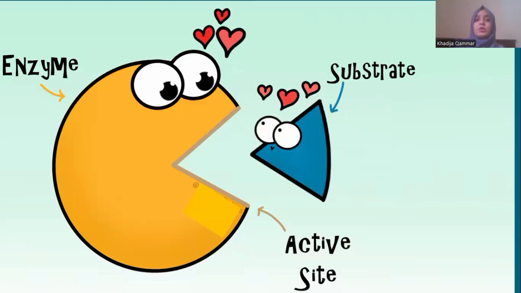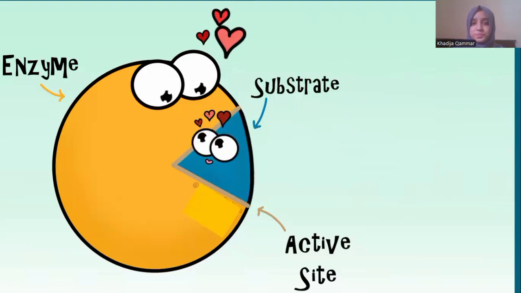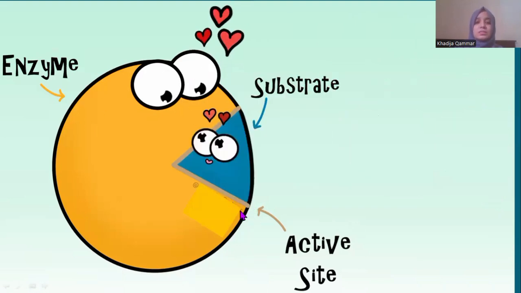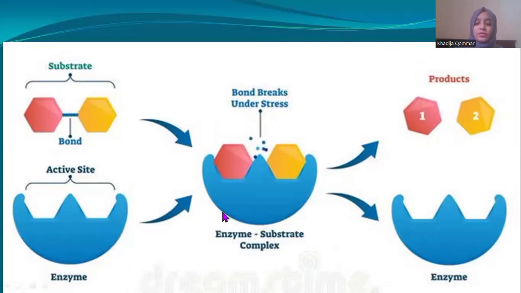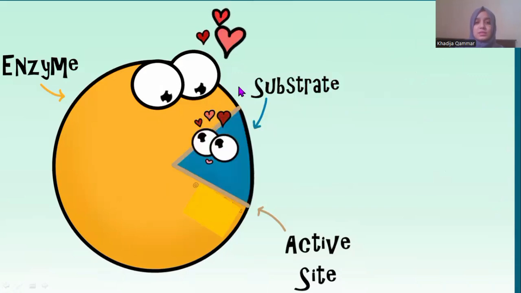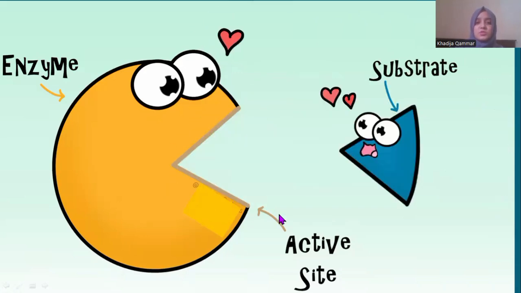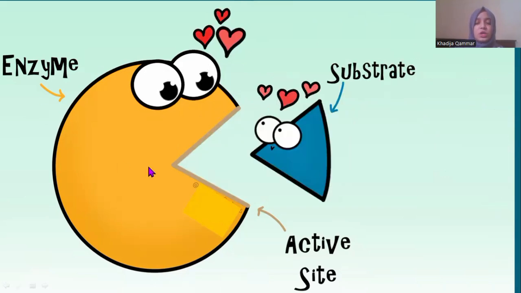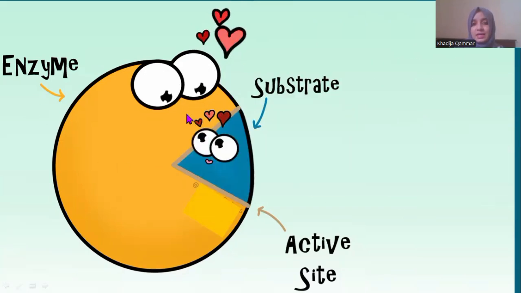For that, look at this picture. Here you can see this is an enzyme, and notice that there is a specific region. This specific region is called the active site. You can see that this active site has a specific shape.